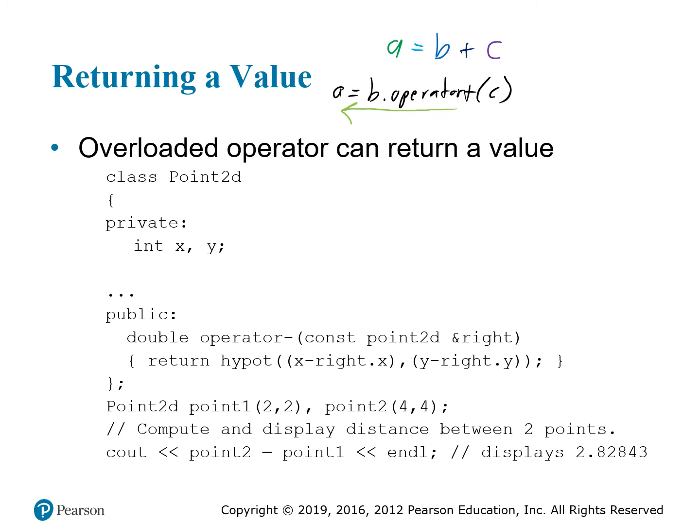Okay, so operator plus or operator minus, as they use an example down here, has a double return value. So we could in this case say double A equals B minus C, where B and C are both points.